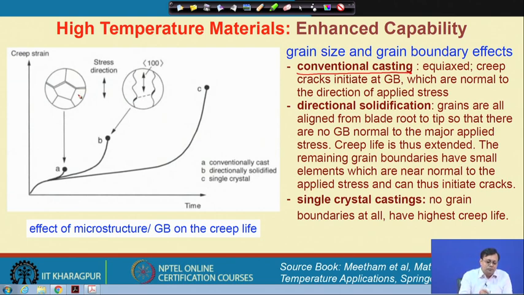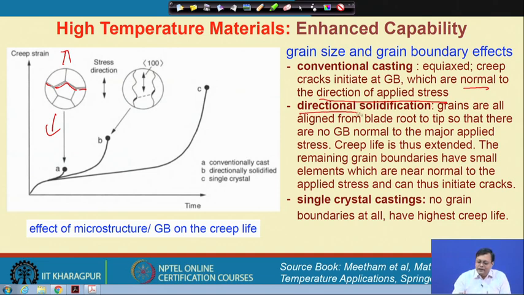What does it do? It will produce some equiaxed type of microstructure. Equiaxed microstructure, you know, is like a honeycomb structure, and this equiaxed structure means the grain boundaries are quite large, and if we stress such a material, then the cracks will appear at the grain boundary region. Okay. This is normal to the direction of the applied stress, that is expected.